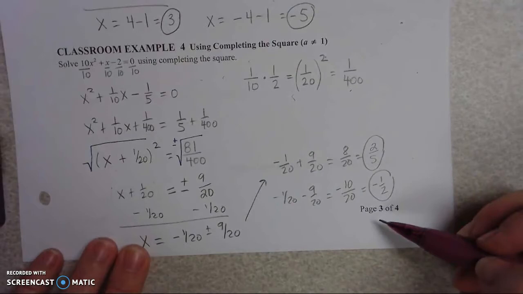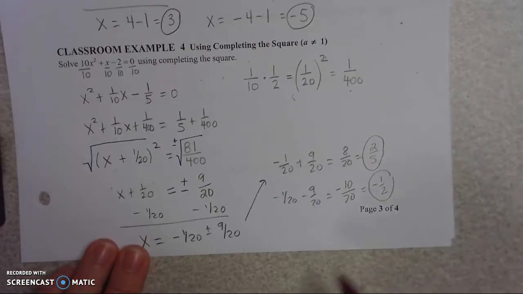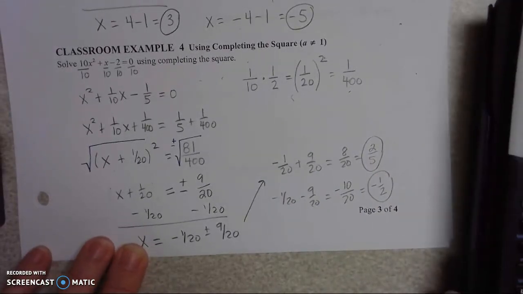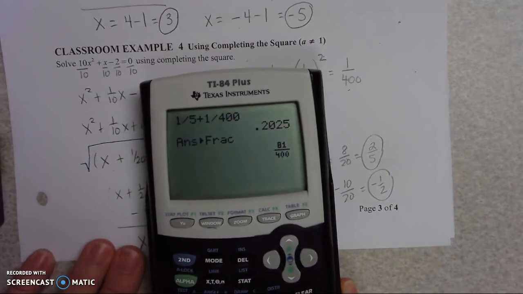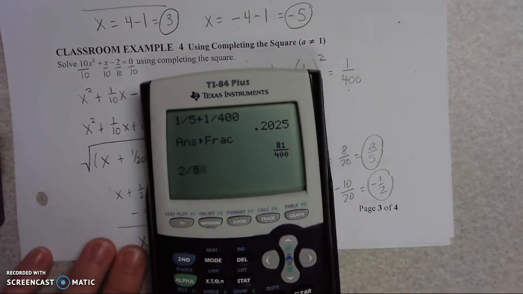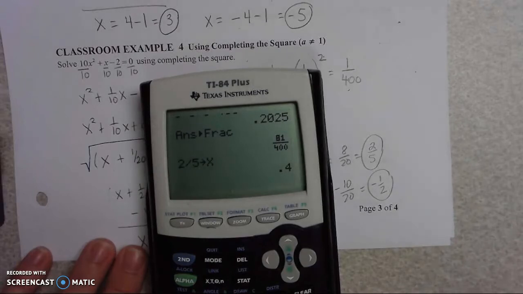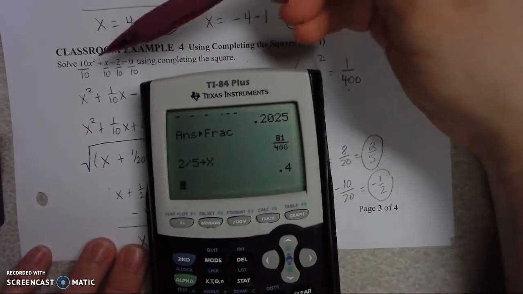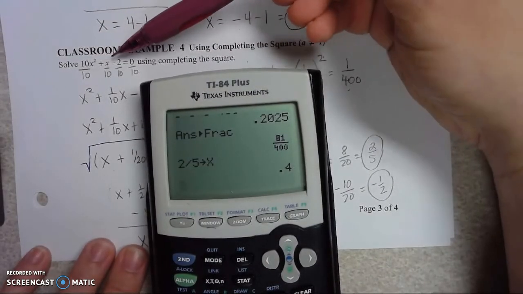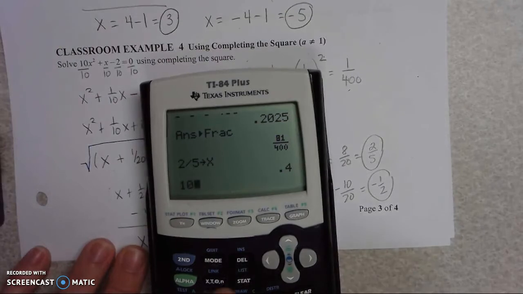Alright, and then this would be an excellent problem to check my answers using the calculator. So I'll store 2/5 in x, and then I'm just going to type in my function here, 10x squared plus x minus 2, and verify that I get 0.